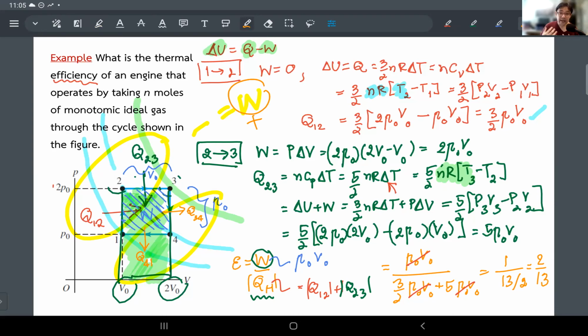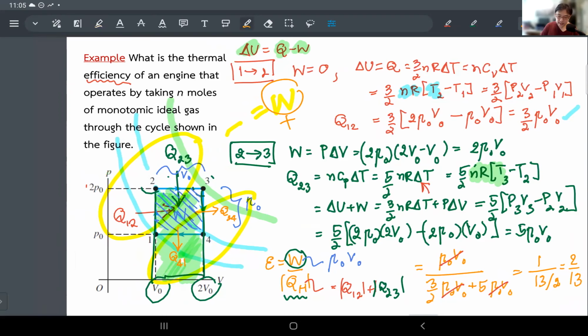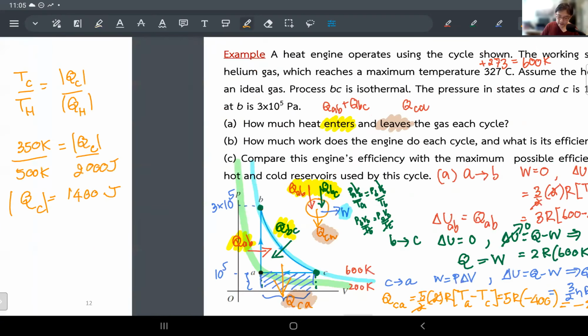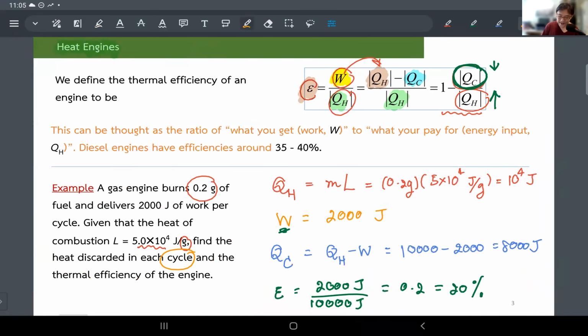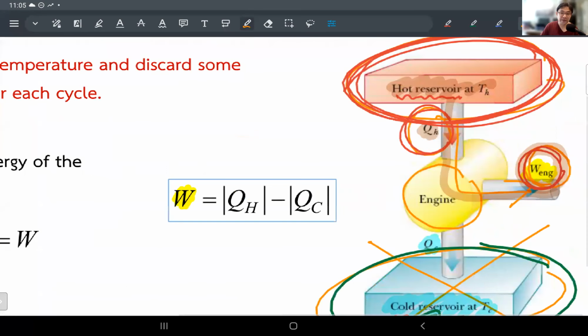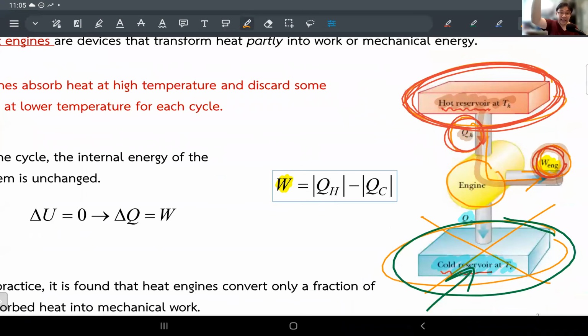So this is exactly the heat engine, right? This is the heat engine that we started out with: the heat flows in, subtract the heat flowing out, and the leftover is the work done by the engine.